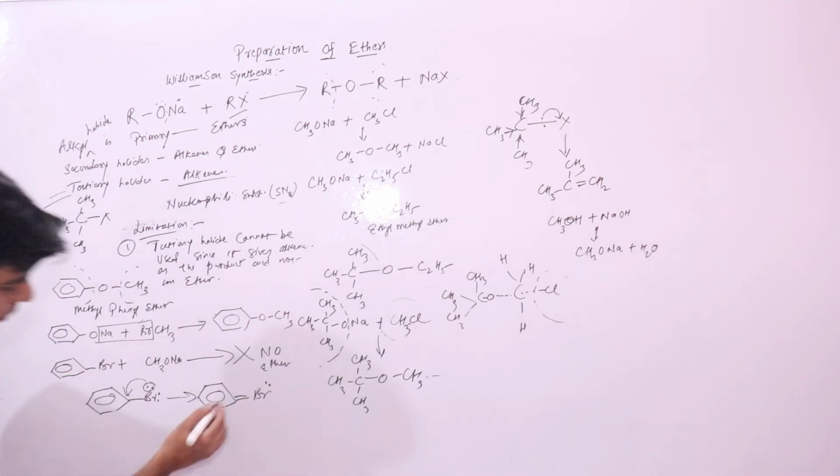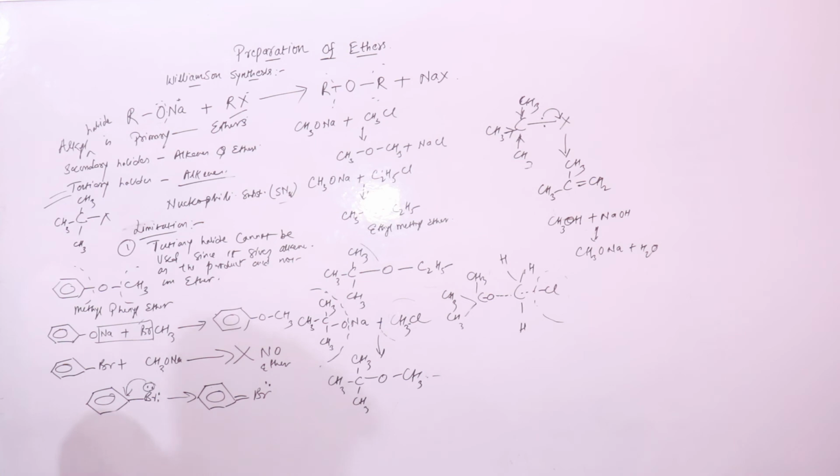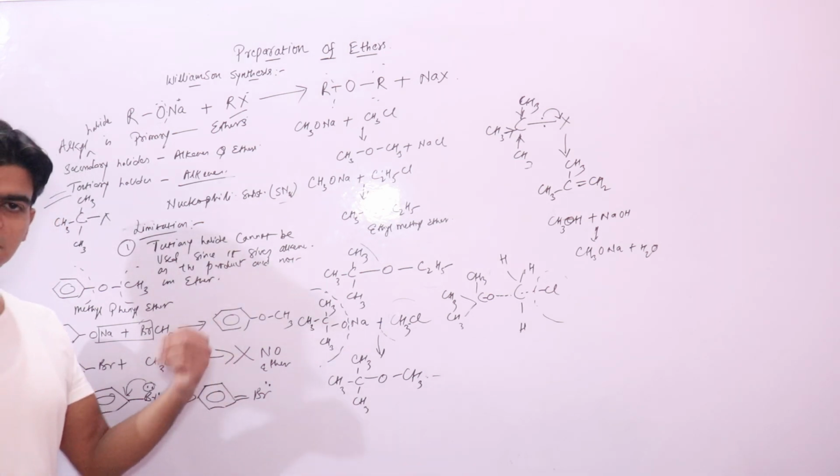It will form a double bond between carbon and halogen atom, right? We have resonance structures that we have done before.